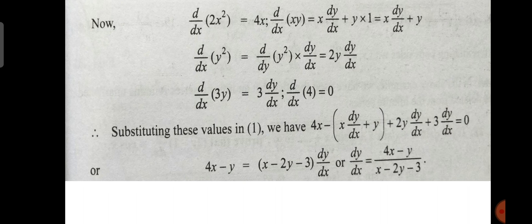First function into derivative of second plus second into derivative of first. That is x dy by dx plus y is the answer.